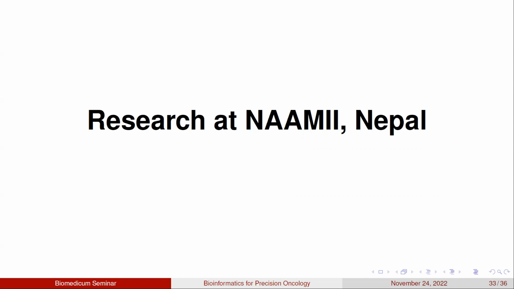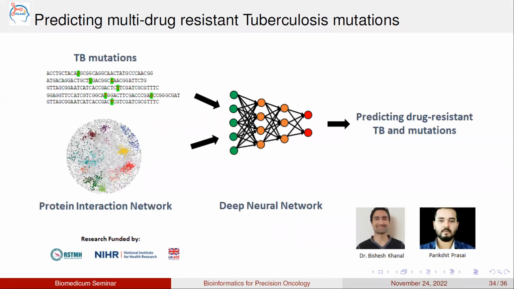Okay, so I will just highlight what I've been doing in NAMI in Nepal and a couple of projects. The first project I'm looking at is in infectious diseases, particularly tuberculosis. What I'm doing here is trying to identify different drug-resistant mutations within this tuberculosis.